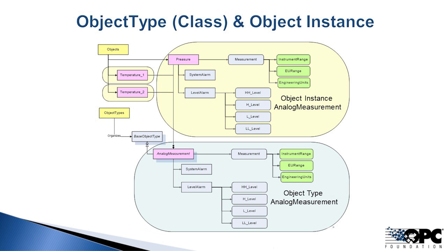And it has a reference in the type system to demonstrate that it belongs to that type. And of course, now the pressure measurement has a value and has an engineering unit and has an alarm, so it can fire a level alarm if the pressure is too high or too low. And by this, the information gets fully described in an OPC UA way.